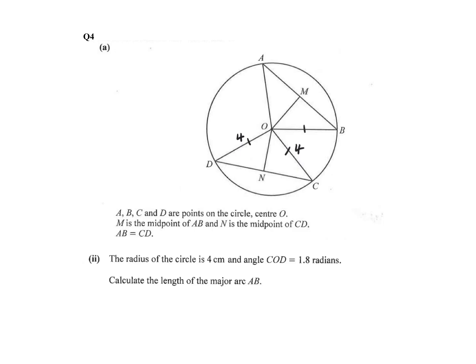So all these radii are 4 cm. They tell you first. Then they say angle COD is 1.8 radians. Now the angle is in radians already. So you must be careful what they give you.